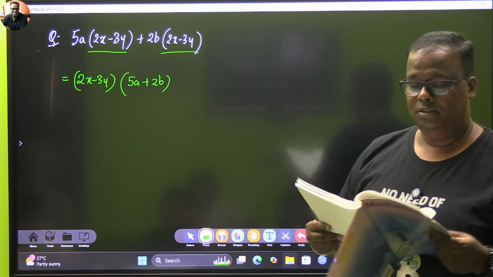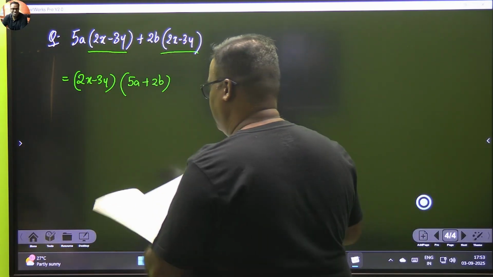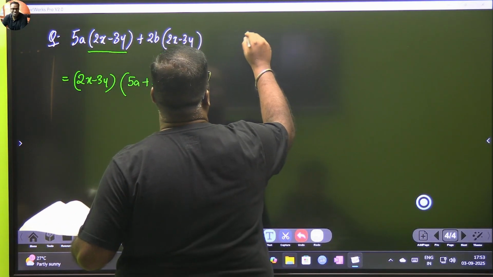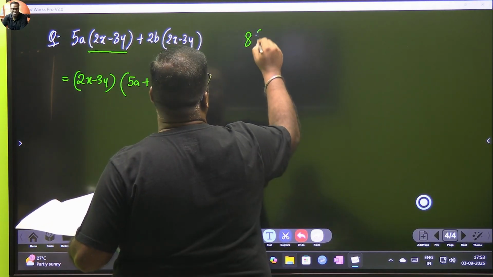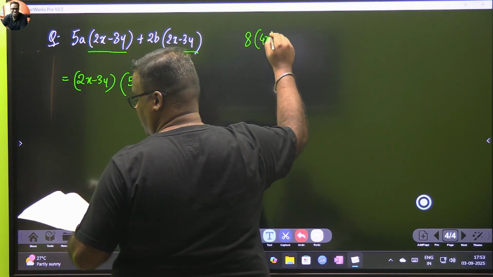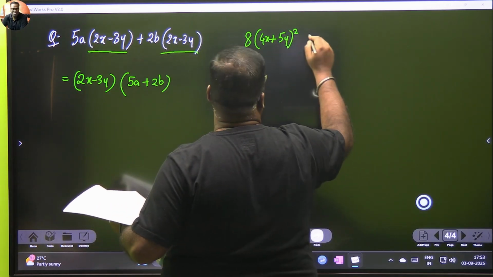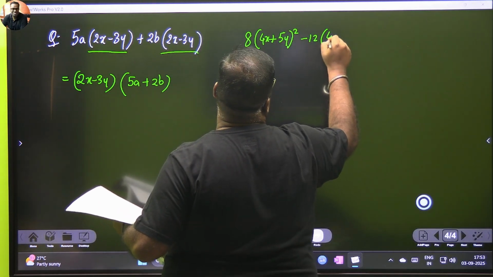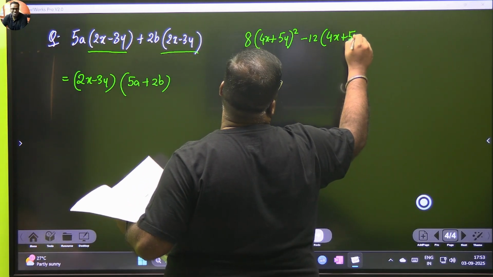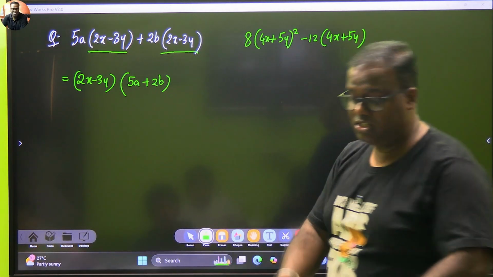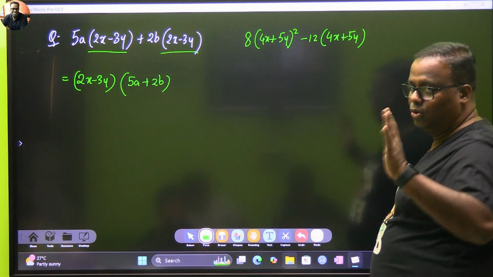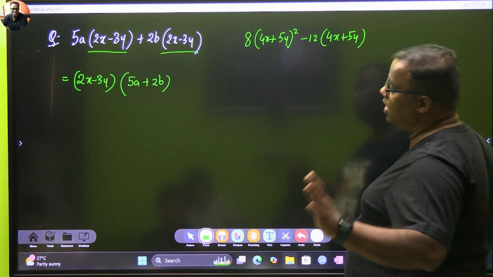So yes, let's see this problem. 4x plus 5y whole square minus 12 into 4x plus 5y. Now this is interesting. Look. No, square is different.